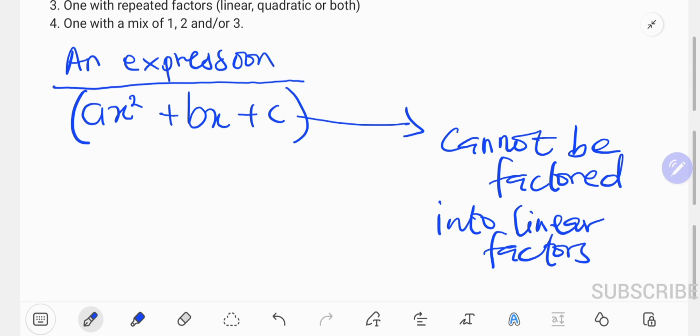So if this quadratic expression at the denominator side cannot be factored into linear factors, then we can now conclude that it is a quadratic factor.